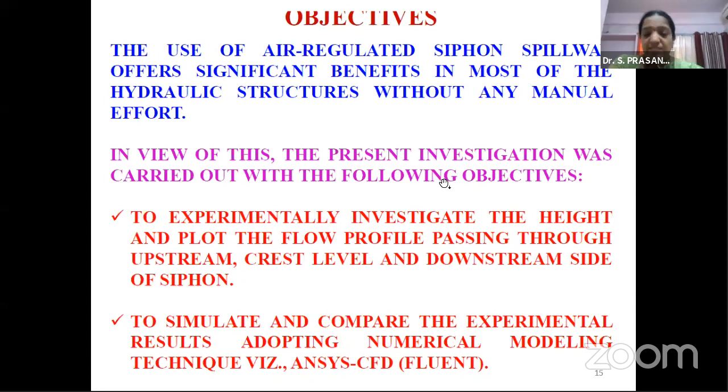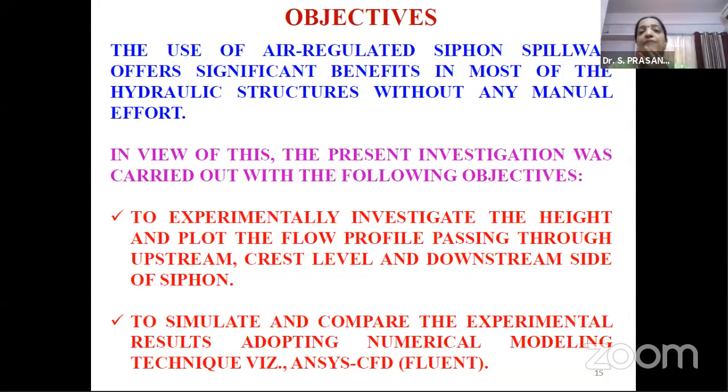Now, based on this, I just told you that I wanted to demonstrate this by means of a study which we have taken out. Here, the main objective of the study was to experimentally test the functioning of a siphon spillway with various discharges using physical modeling.